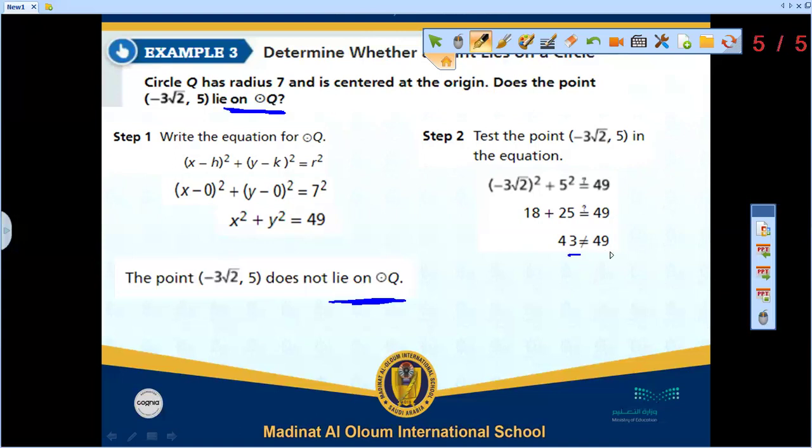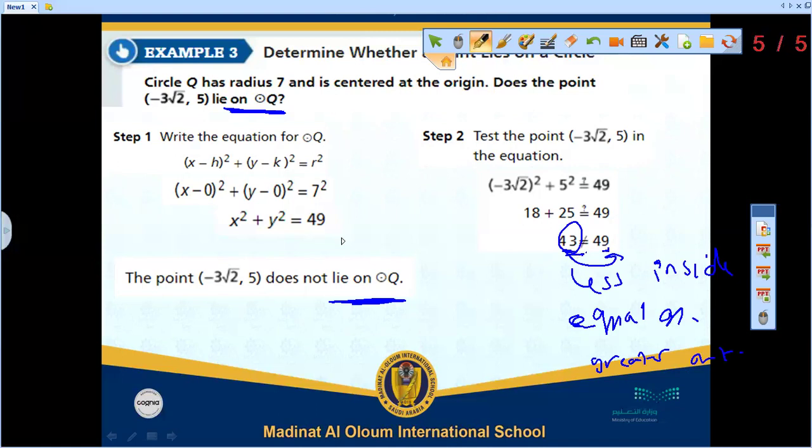If they are equal, on. Less, inside. Greater, outside. It means I am comparing after substitution with my r squared.